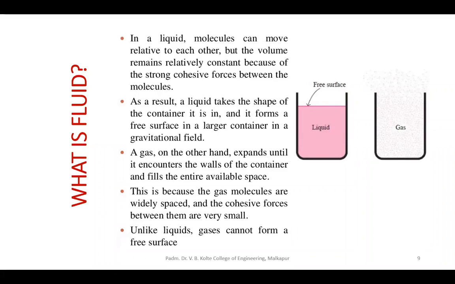Liquid is nothing but there are some small molecules, but the cohesive force between the two molecules is strong. Then it occupies a specific space and creates a free surface above the layer of the liquid. As a result, liquid takes the shape of the container and it forms a free surface in the larger container in the form of gravitational field.